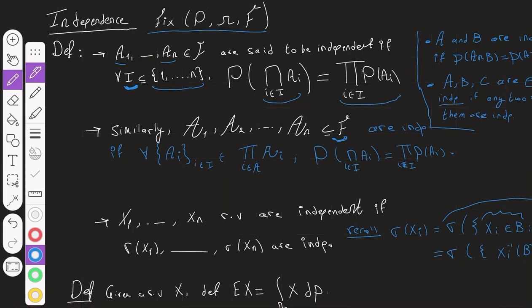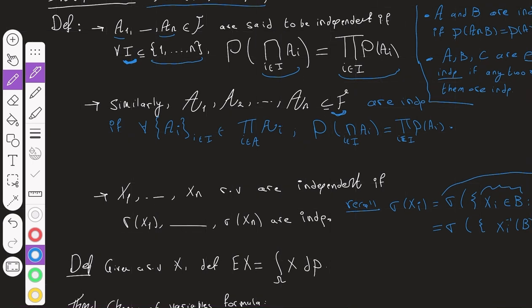And now we're going to move on to talk about expected values. We're going to see that this notion is important because sometimes, when computing the expected value of a product of random variables, we need to find a way of doing so, and it turns out that the notion of independence is useful there.